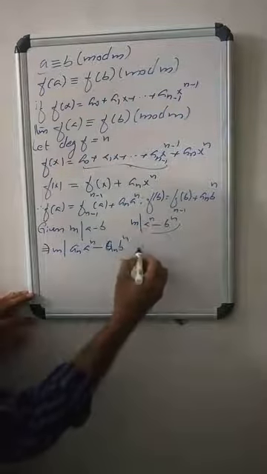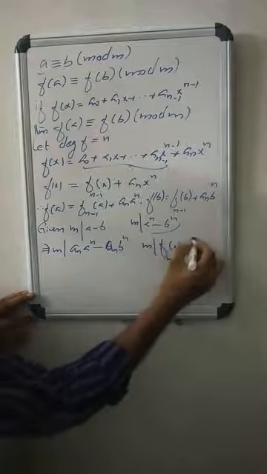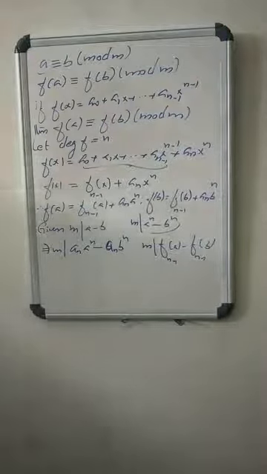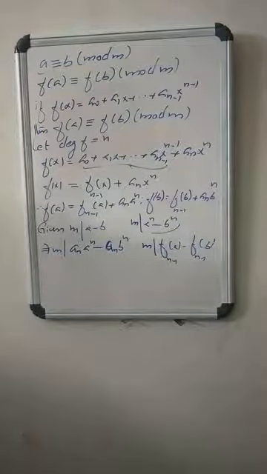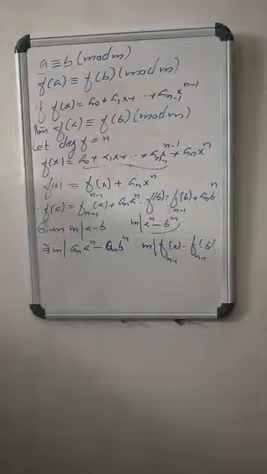Again by induction, we know that m divides f_(n-1)(a) minus f_(n-1)(b), since the result is true for every polynomial f with degree n minus 1. Also, m divides an a^n minus an b^n. Agree?